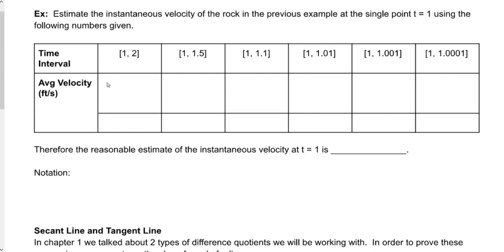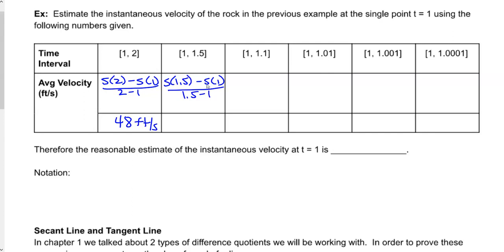To find the average velocity, we do s of 2 minus s of 1 all over 2 minus 1. If you recall, we just did that. It is 48 feet per second. If I try this interval, s of 1.5 minus s of 1 all over 1.5 minus 1.